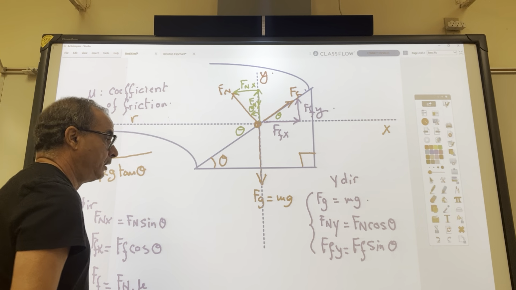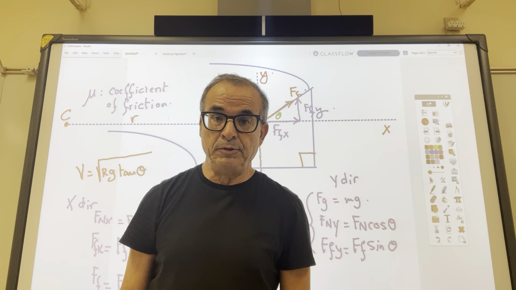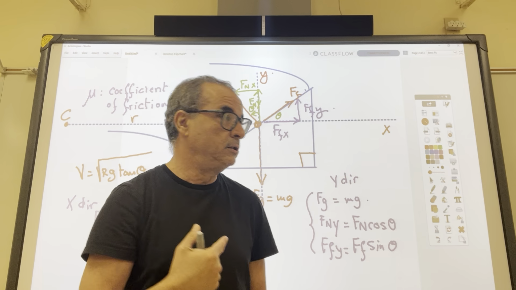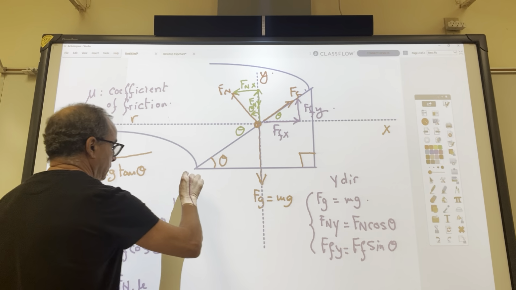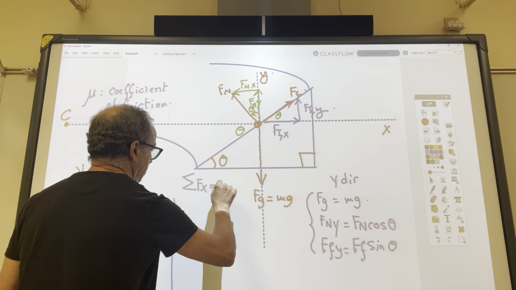Now, next we need to use Newton's second law for both directions, x direction and y direction. Okay, so let me do the x direction first. We're going to do the sum of all the forces in the x direction is equal to m.